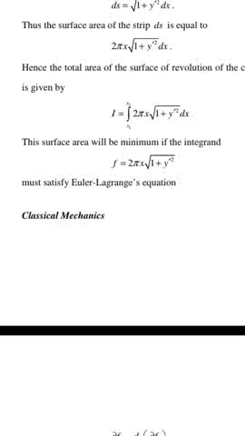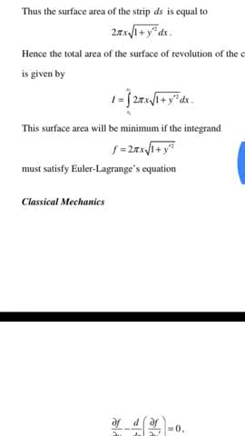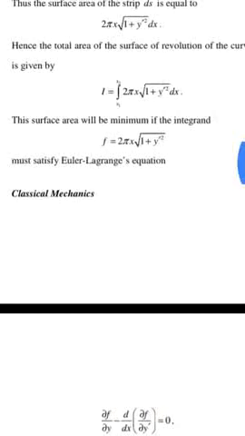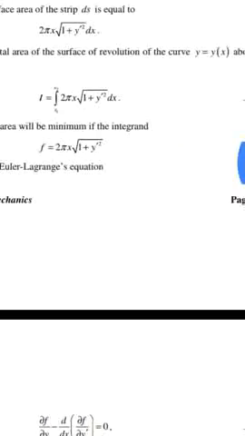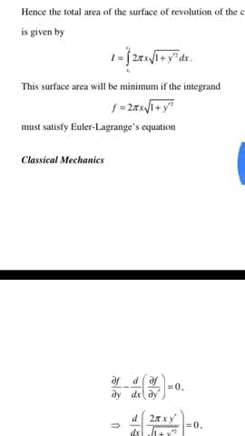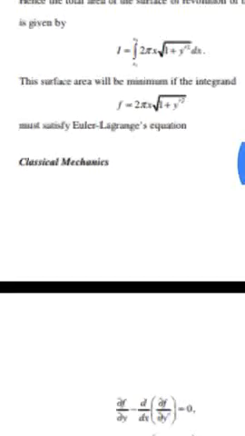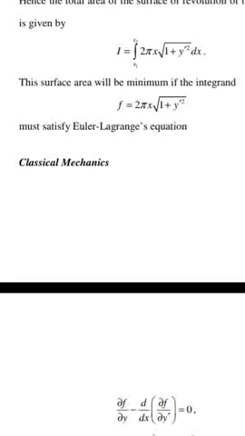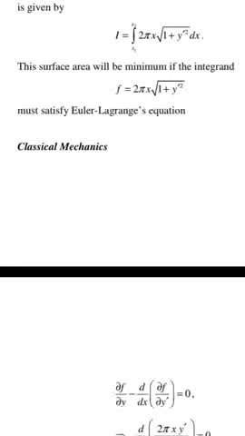Thus the surface area of the strip is 2 pi x square root of 1 plus y dash square dx. Hence the total area of the surface of revolution of the curve y equal to y of x about the y-axis is given by I equal to integral from x1 to x2 of 2 pi x square root of 1 plus y dash square dx.